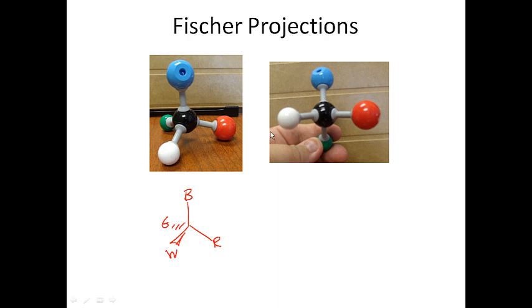Now, oftentimes, we write a single chiral carbon in what's called a Fischer projection. The Fischer projection is a model like this. I've taken this model and I've rotated it so that the two, the red and the white, are now bold wedges pointing towards me.